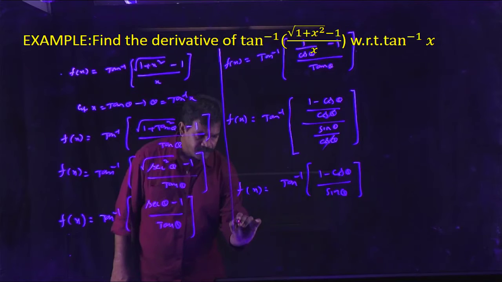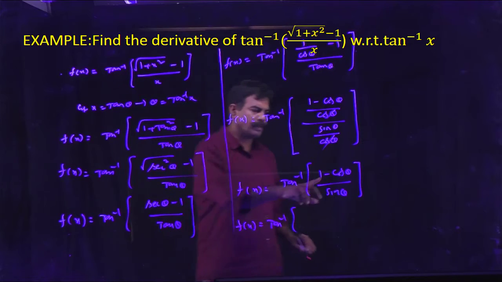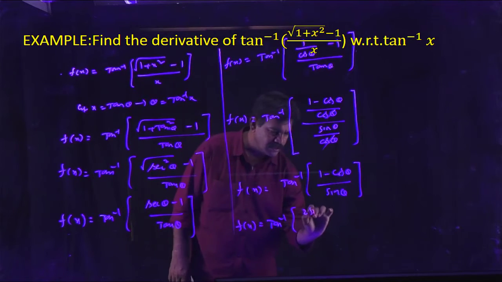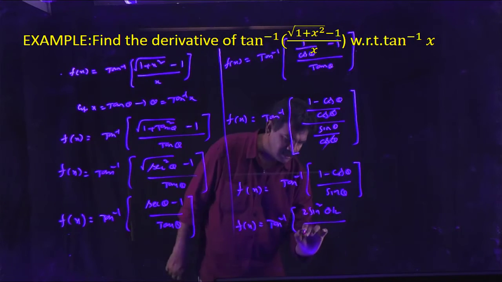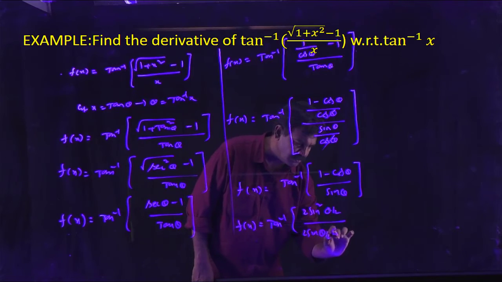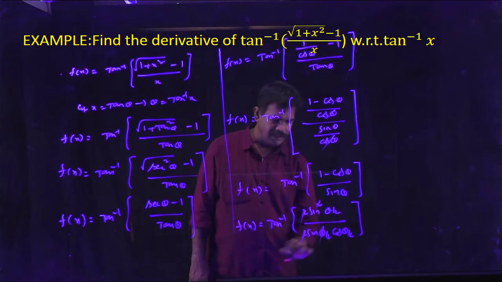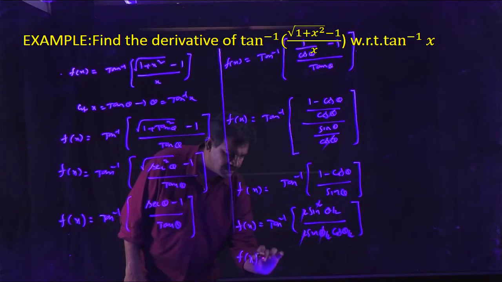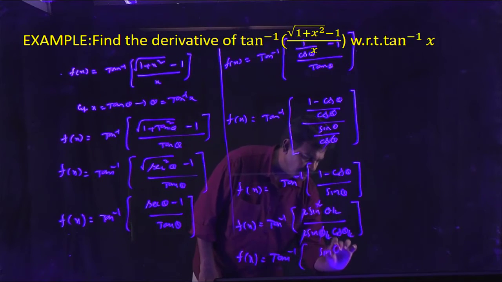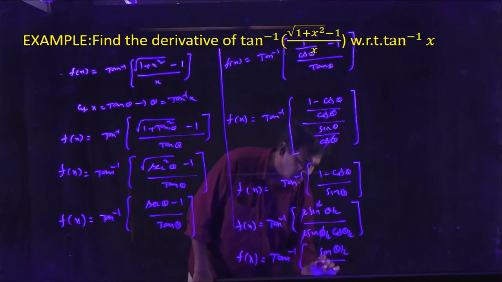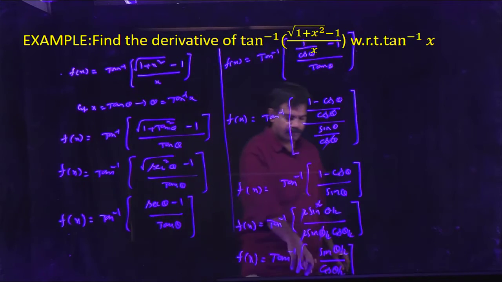So f of x is equal to tan inverse of, we know the formula 1 minus cos theta is 2 sin square theta by 2, by sin theta means 2 sin theta by 2 cos theta by 2. 2 cancel, sin cancel. That is f of x is equal to tan inverse of sin theta by 2 by cos theta by 2. So sin by cos means tan.